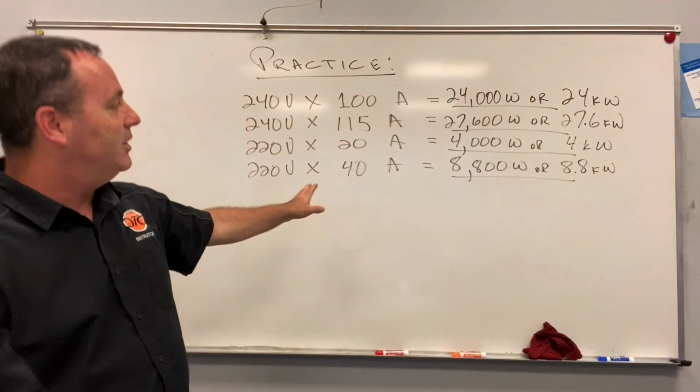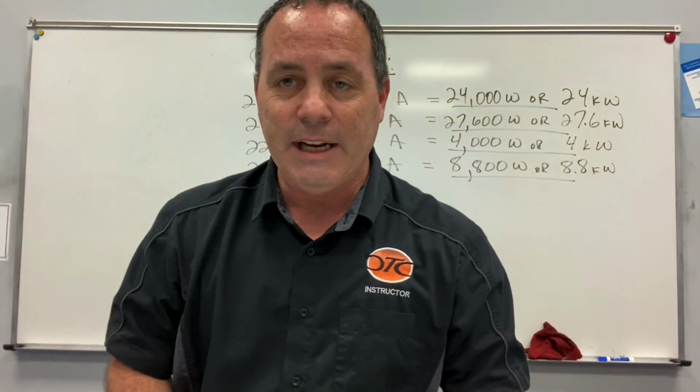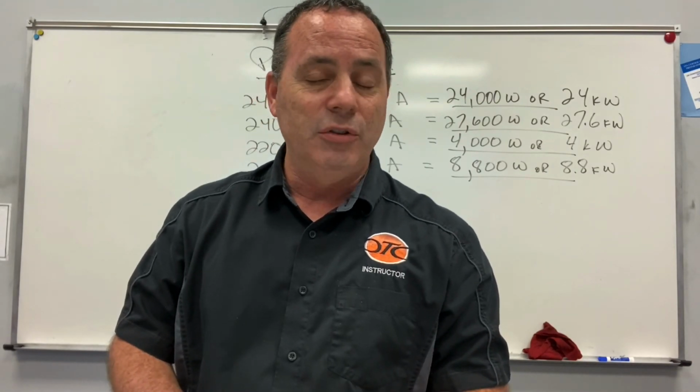And one reason I had you do this is because 4 kWs, 8 kWs, 10 kWs, 20 kWs, we're in the area of residential strip heaters in homes that people use for electrical heating.